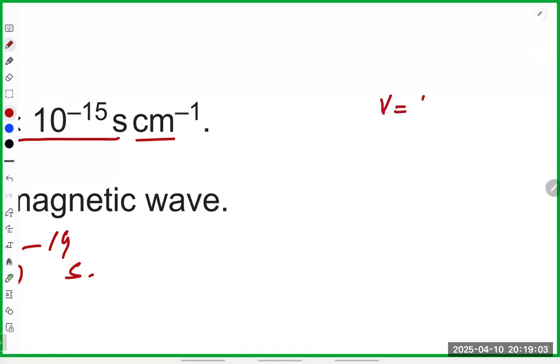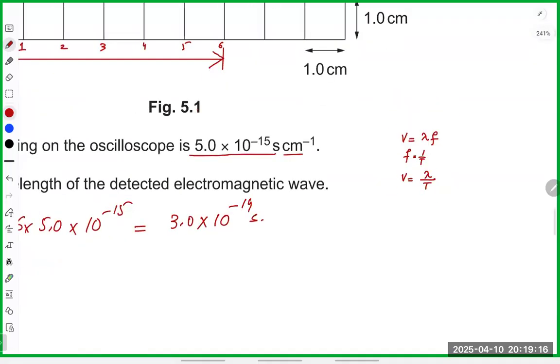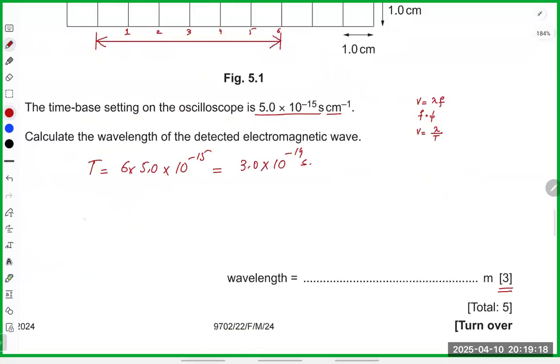Speed of wave is f lambda, but f equals 1 over T. So I can make another formula, v equals lambda divided by T. That gives me an idea: I can directly find lambda by multiplying the time period with speed.